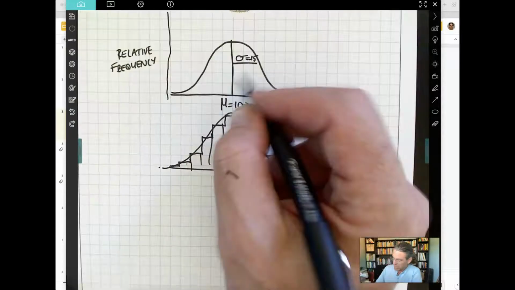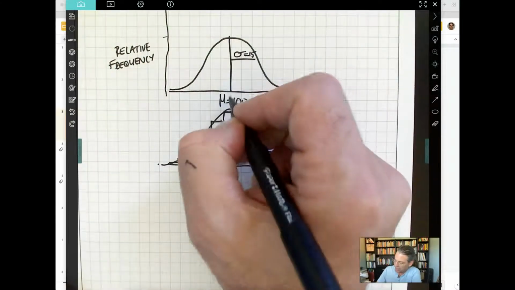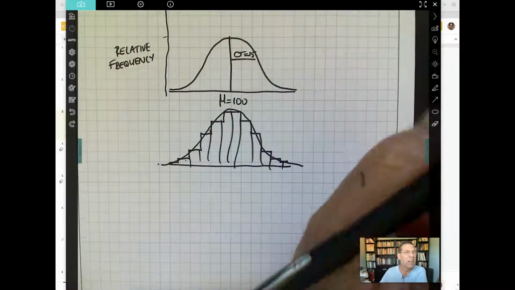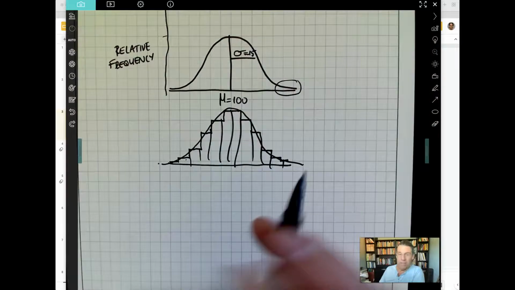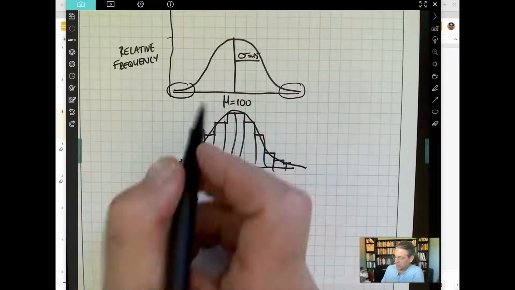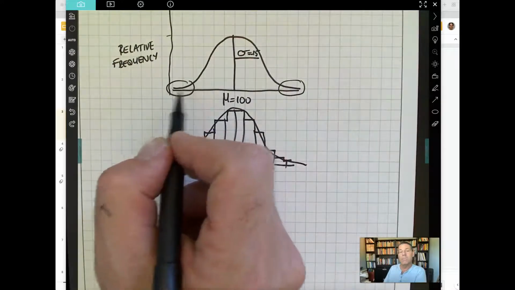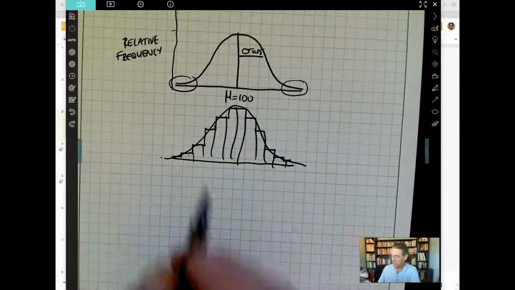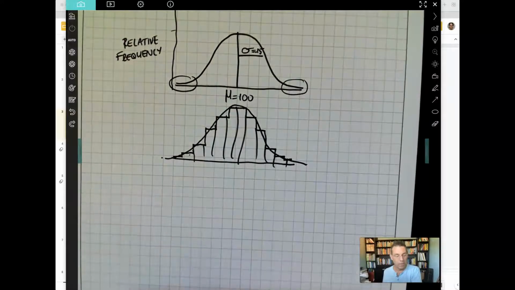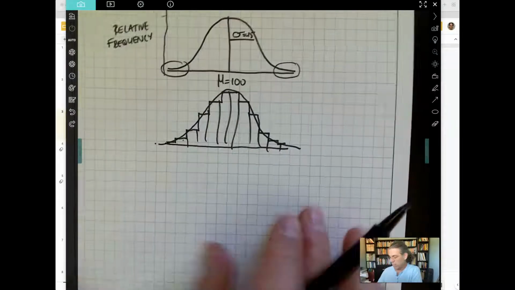So a lot of people, high frequency over here, have scores right near 100, 105, 95, etc. Very, very few people have scores up here or down here, because the height of this curve is very low frequency. So these are scores like around 130 or higher, or 70 or lower. So that's kind of the idea in terms of why we use that.